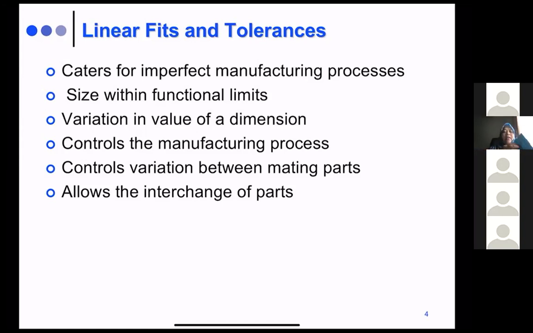This is what we call mating parts, bagian-bagian yang berpasangan. So if we can have very good control of the variation of mating parts, that means we can always mate them, bisa dipasangkan, with the part they are required to fit.